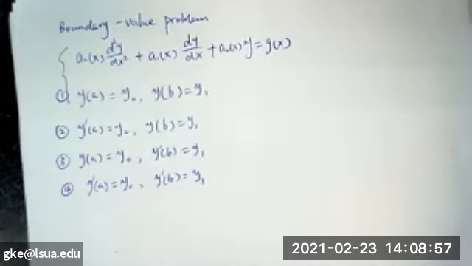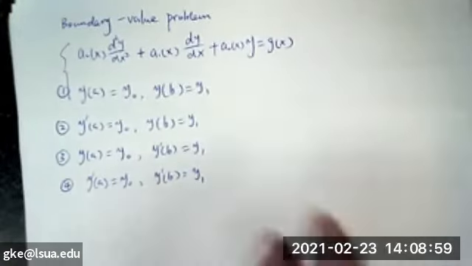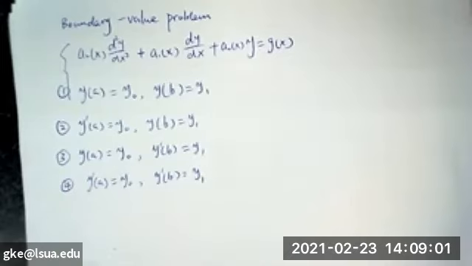I would like to mention again, for the boundary value problems, if I give you one second order differential equation, we can have infinity solutions, right? We can have many solutions. One example is last time I mentioned this guy.